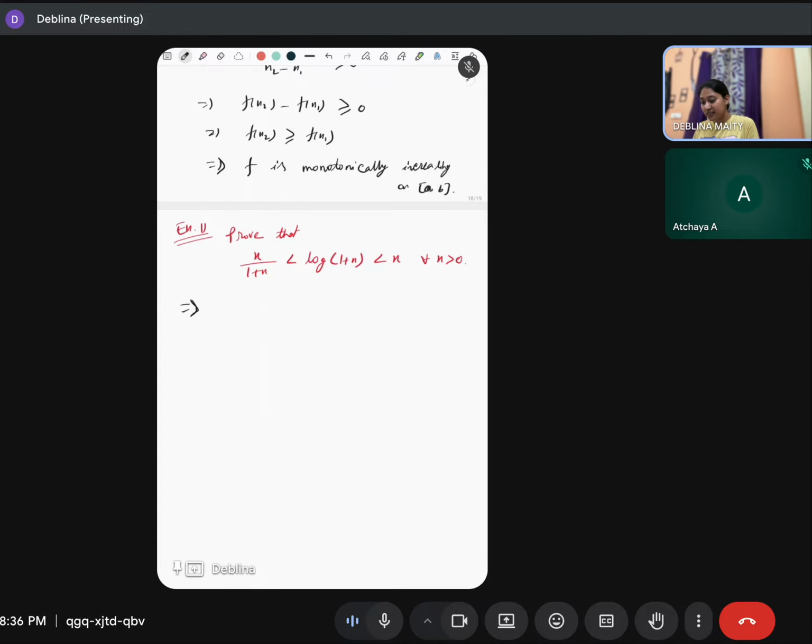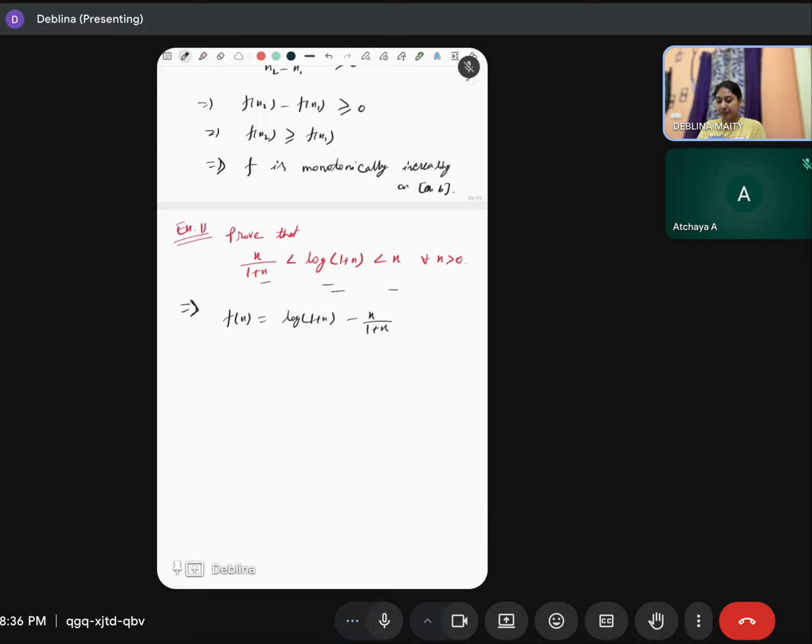So we'll take first the difference of the two. We'll take first the difference of this one, and then we'll take the difference of this and this. So first take f(x) equals log of 1 plus x minus x by 1 plus x.